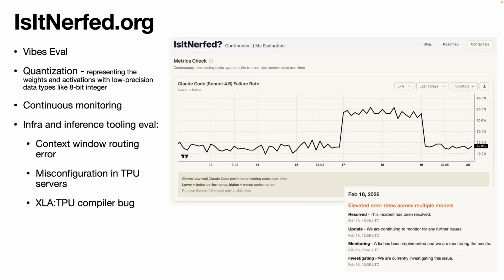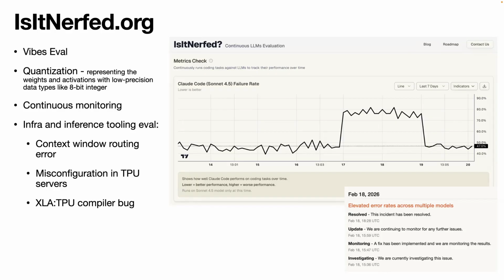So indeed, it can happen. But in my opinion, these companies are probably not breaking their SLAs. They're serving the same model all the time. In reality, what happens is that we are dealing with bugs and issues on the infrastructure and inference tooling side.